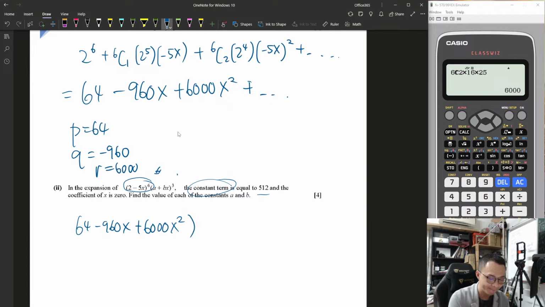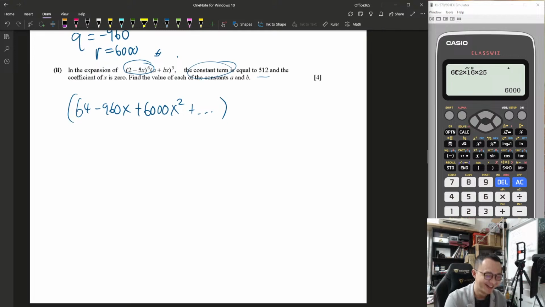Then I will multiply with a plus bx power of 3. Oh my god, there are so many words. I need to expand. Maybe this is a very old paper. Yeah, this one needs to expand again. Congrats. Okay, let's do it.